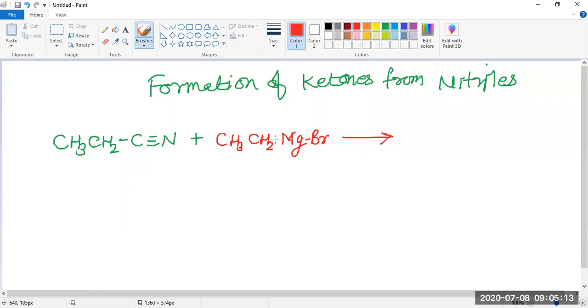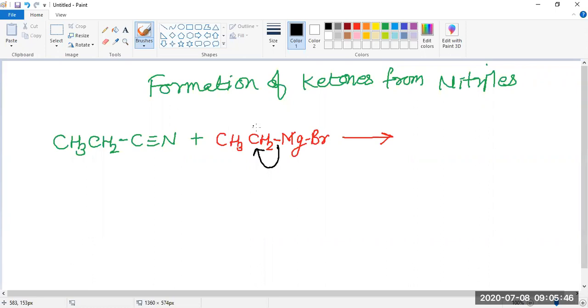See, in this reaction, magnesium is an electropositive element and carbon is more electronegative as compared to magnesium. So the shared pair of electrons will be pushed towards the carbon.